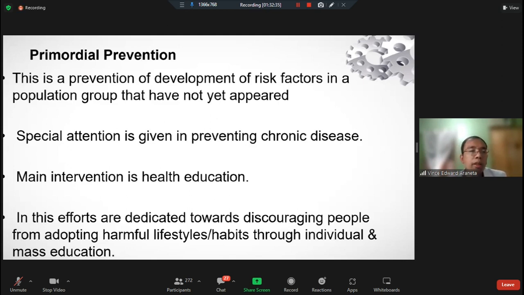And also another main intervention is health education, but as long as there's still no risk factor. Like as early as possible in schools, it is incorporated in the curriculum with regards to healthy eating. And these are actually just grade 1 or grade 2 children, and could be in the primordial prevention phase.